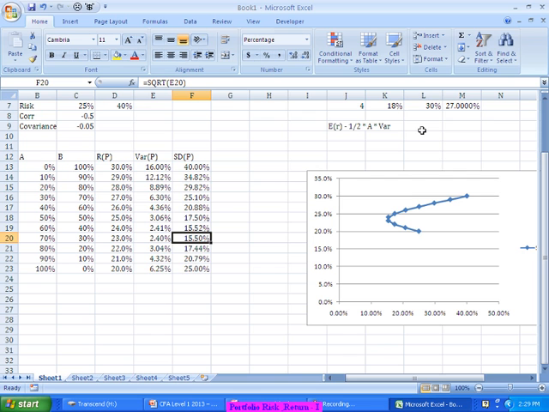For some level of risk, if I want very high levels of return above the efficient frontier, those points are all unattainable, because that's the maximum return that I can get. For 30%, this is the maximum return that I can get.